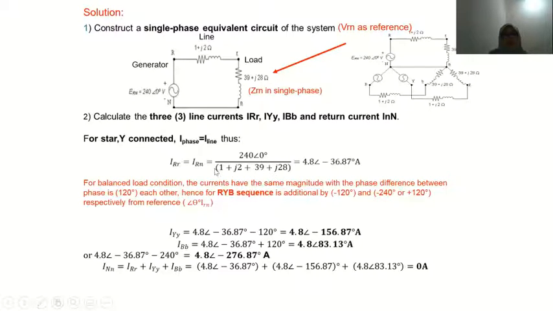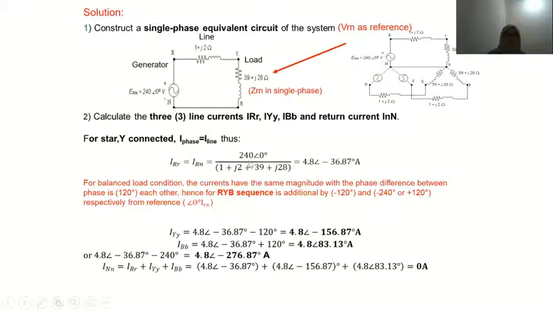So your IRN, based on your single phase equivalent circuit, is the phase current, the current through this phase in series.